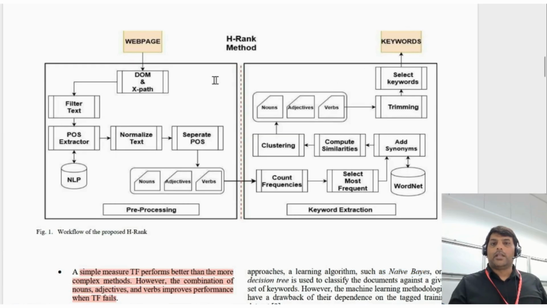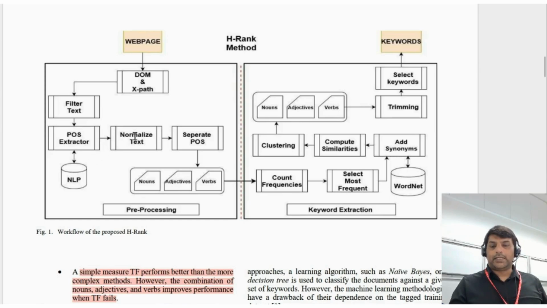So it follows different stages: number one stage is called pre-processing and the next stage is called keyword extraction. In the pre-processing stage, we first download the complete web page using DOM and XPath. Then we filter the text using pre-processing, and then we separate the POS tags using NLP, natural language processing.